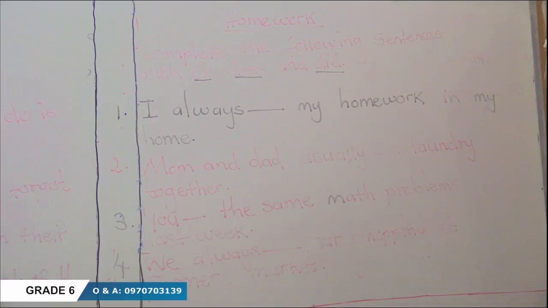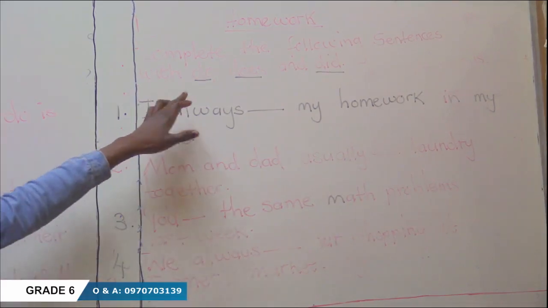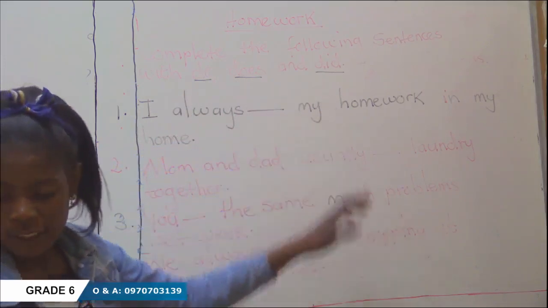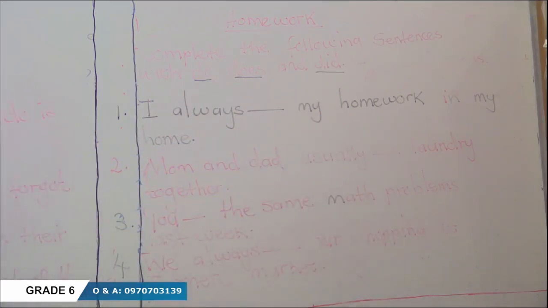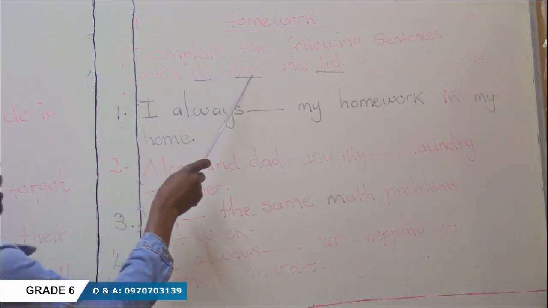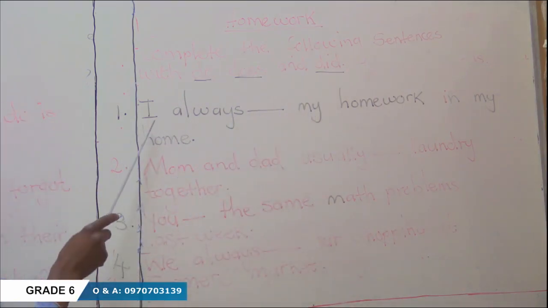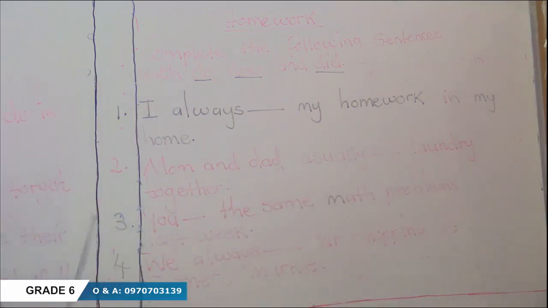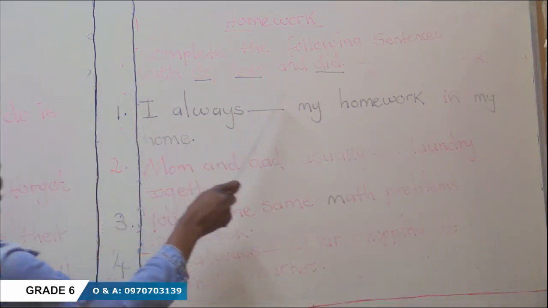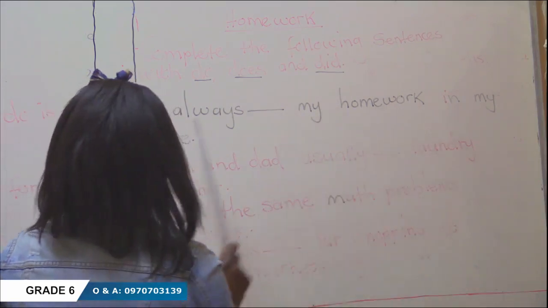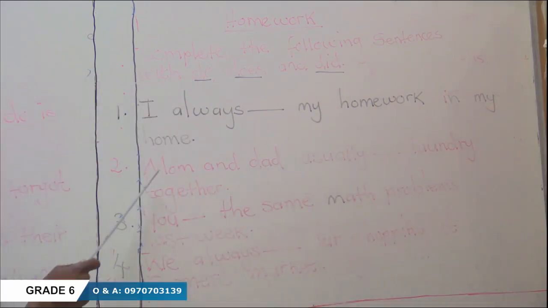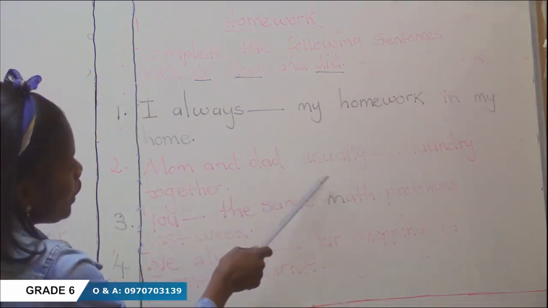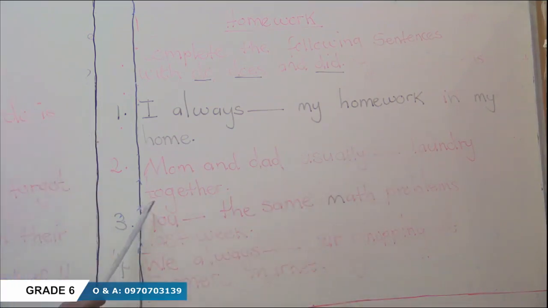Okay, so I've got 4 questions there. Complete the following sentences with do, does, and did. The first question reads, I always dash my homework in my room. The second one reads, mom and dad usually dash laundry together.